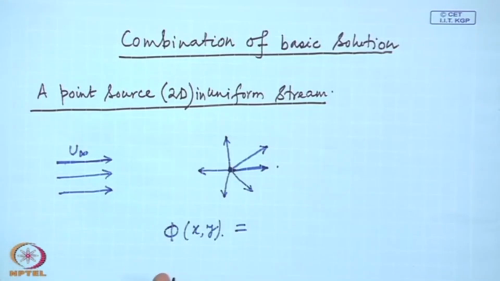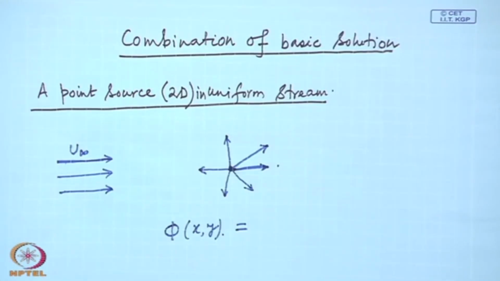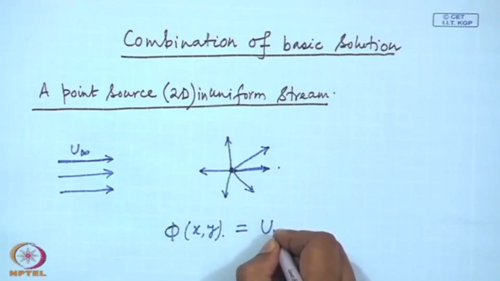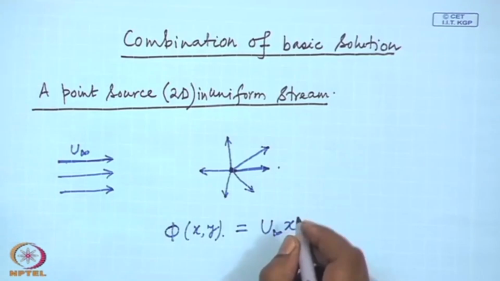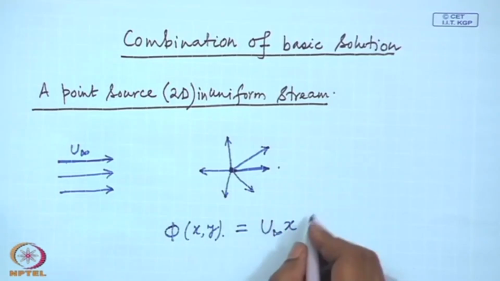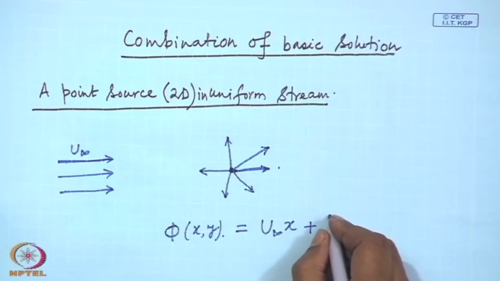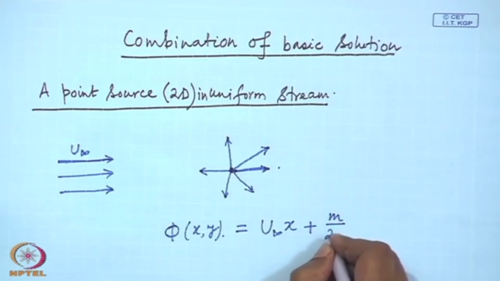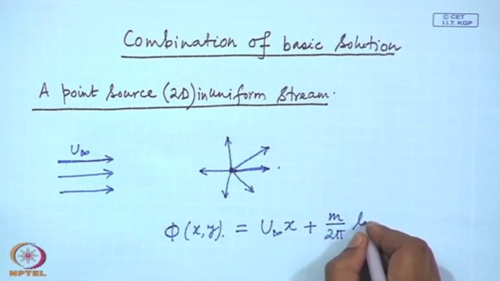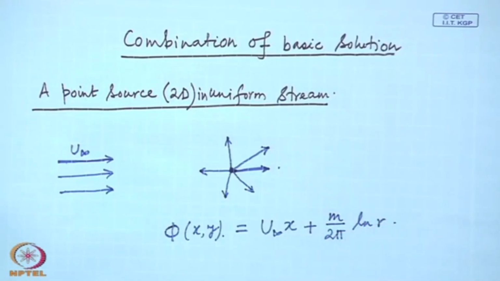Its potential due to the uniform stream is u infinity x, and the point source m by 2 pi log r. You can even write a constant also, but we will drop those constants.